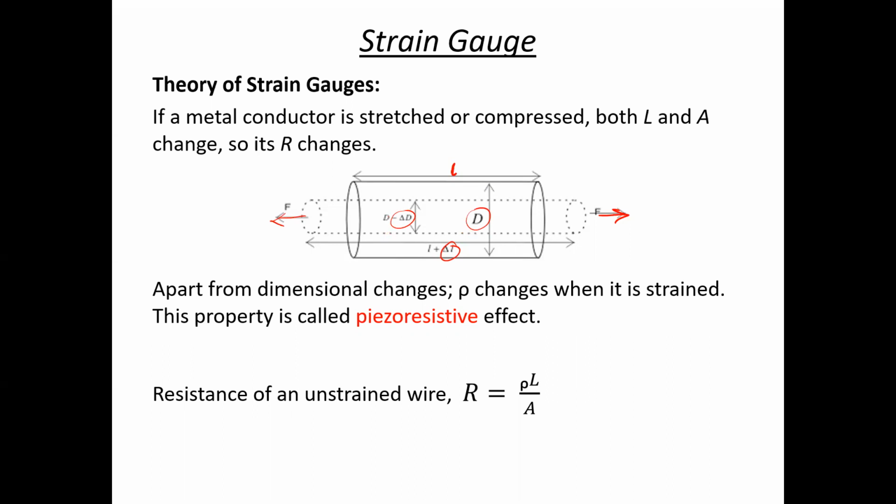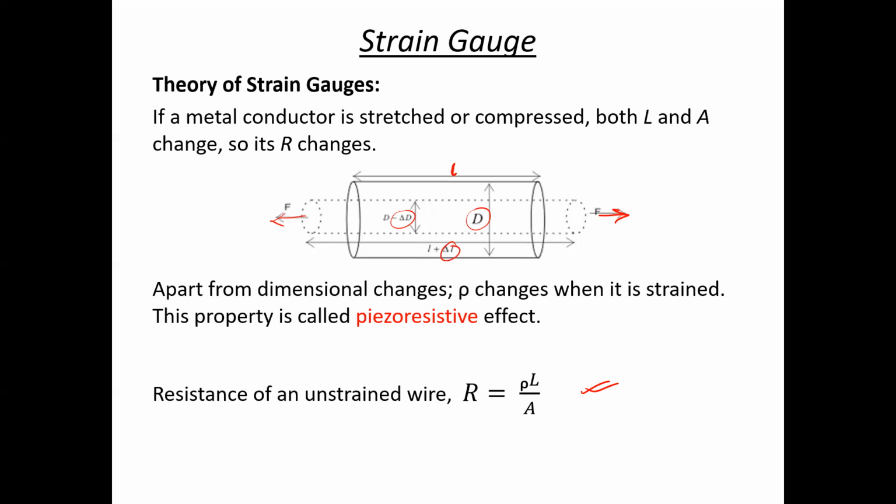As the diameter is changing, obviously the cross-sectional area of this wire will also change. As the length and the cross-sectional area are changing, we can easily suggest that the resistance of this particular wire will also change depending on this relation. Apart from the dimensional changes in length and diameter, the resistivity of the wire will also change due to the applied stress.